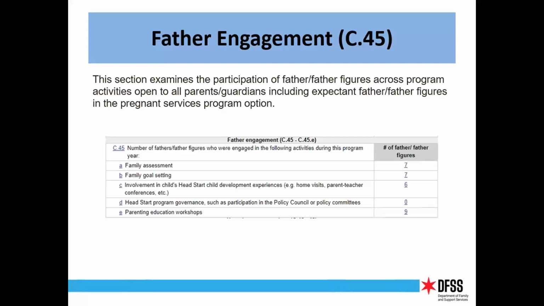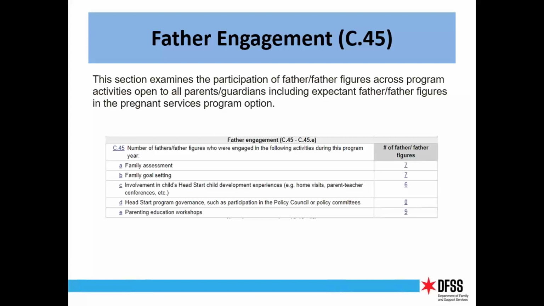The next section is father engagement. This hasn't changed, but when we look through it, it's probably missing in a number of cases because of the strange way that COPA collects this information. So most of the family services come from the family data sheet, but if you look at the family data sheet in COPA, you will see that we don't have any of these questions there.